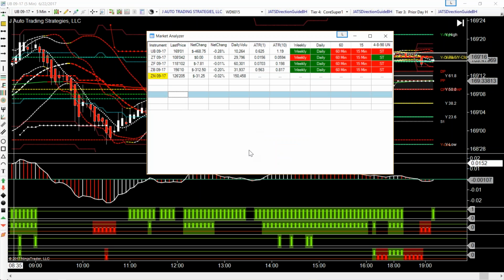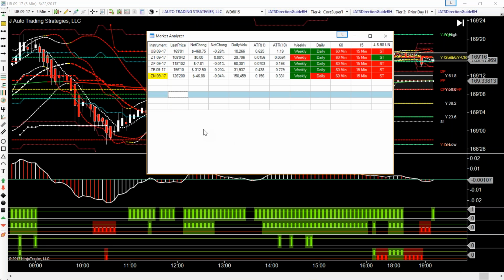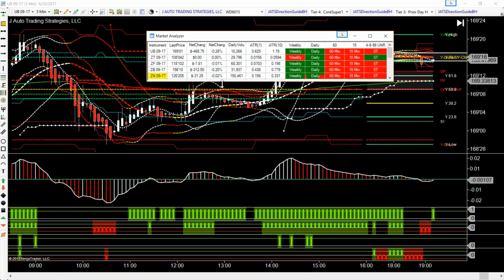Okay, there's some bonds. You could put gold on there or whatever, oil. Get your little market analyzer going, and then try to always trade in the direction that price is actually moving in.